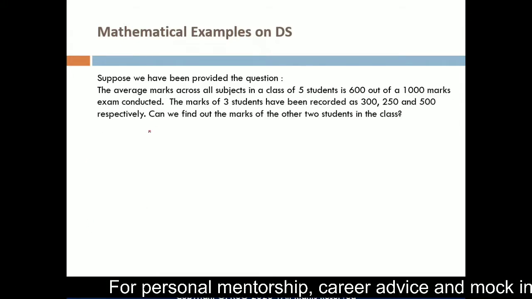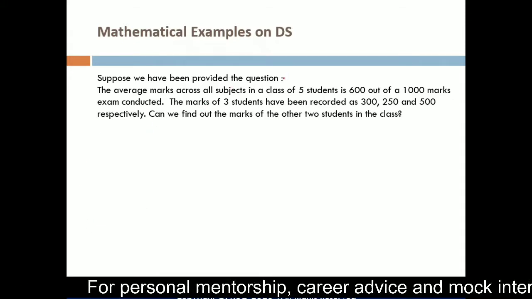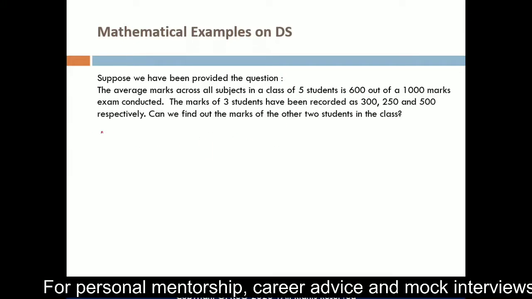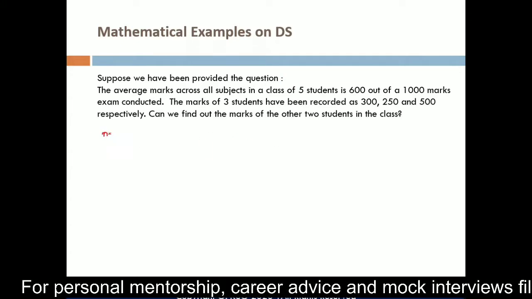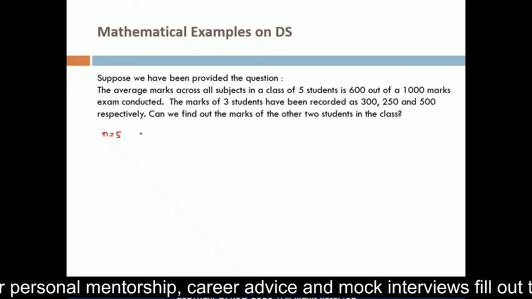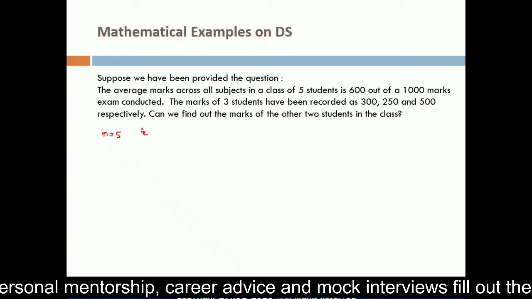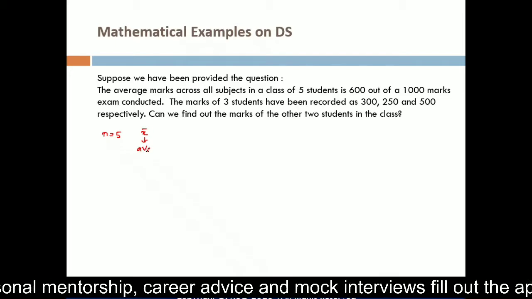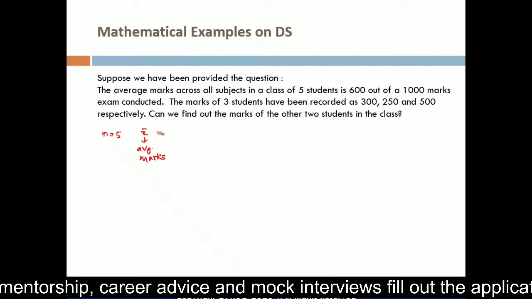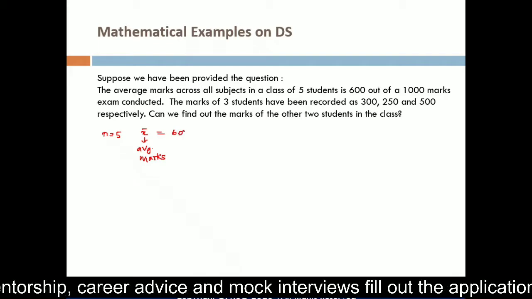So average marks for all the subjects in a class of 5 students is 600. So let us write down the information that we have. So we have n equal to 5 students in this case, and the average marks, which let us denote x bar as the average marks of all the students, be 600.